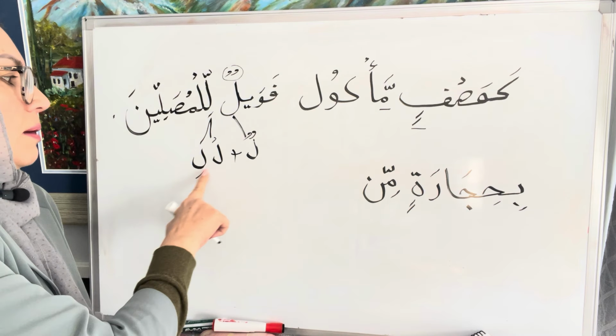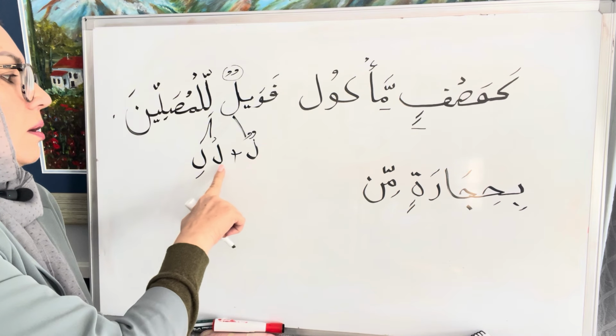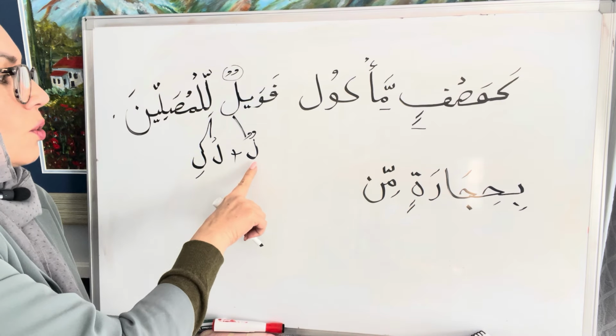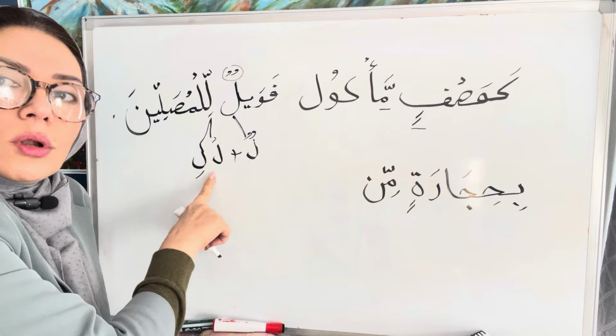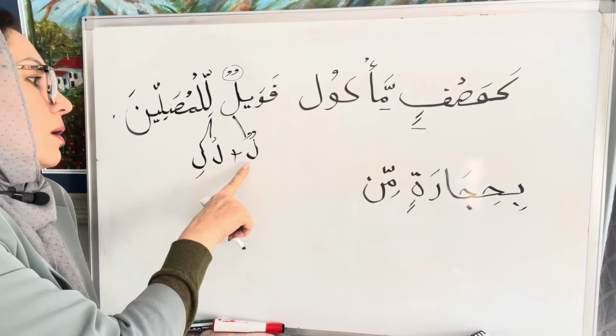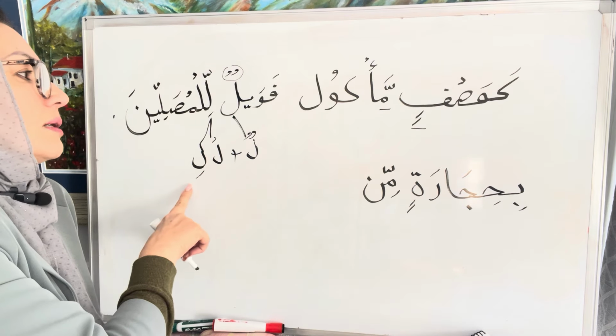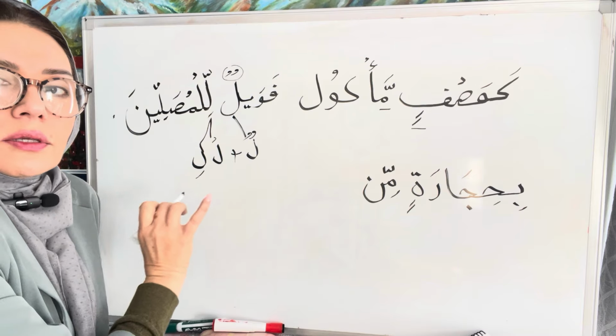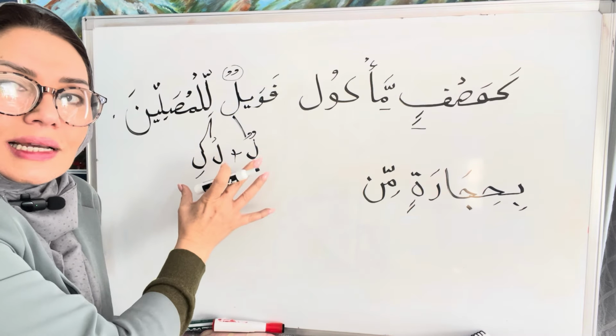So we have lam, lam, and lam. There's sukun on this one, then this one has a kasra on it. So lul, lul, lulli, right? So this is fawailulli. This is how it's happening here. I'm just dissecting it.